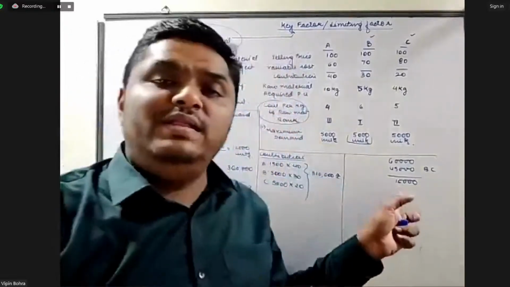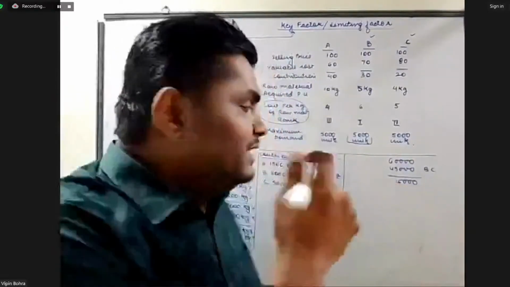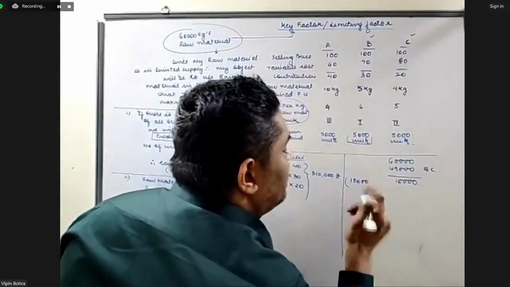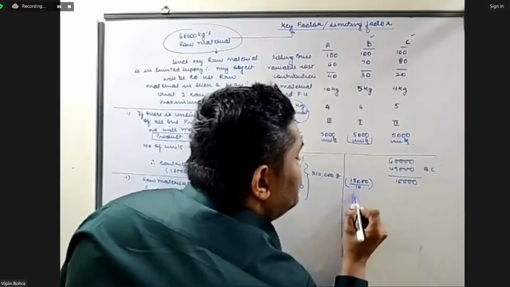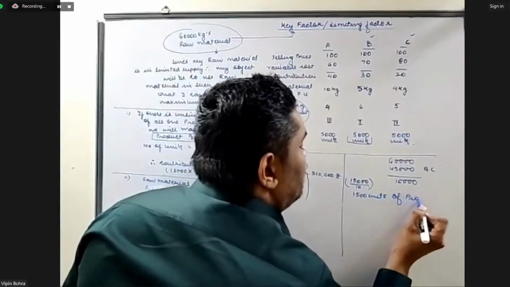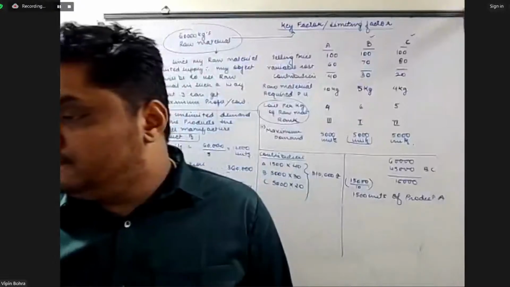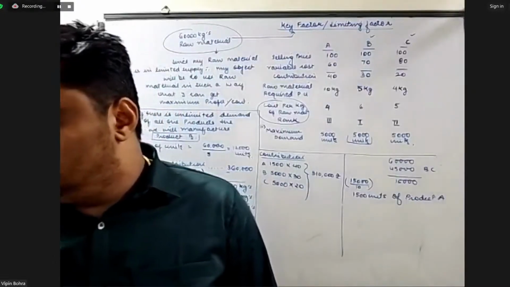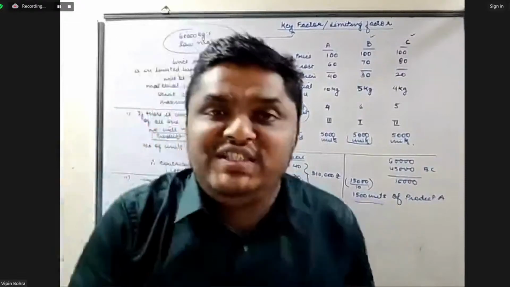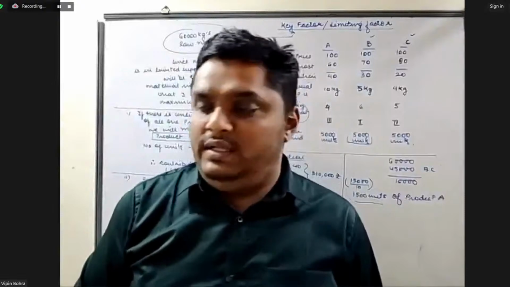But do I have 50,000 kgs? No, I don't have 50,000 kgs. I have only 15,000 kgs. So 15,000 kgs divided by 10. That is, at the most, we can manufacture 1,500 units of product A. And to manufacture 1,500 units of product A, we need 15,000 kgs of raw material.